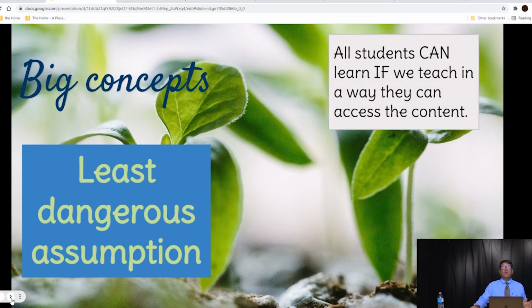So all students can learn if we teach in a way that they can access the content. So the thinking here is that we can give access to the content if we can effectively teach, if we can provide those bridges, if we can close those gaps, if we can provide communication services, if we can do all those things for students, then in fact we're going to need a very small percentage of students to be on alternate assessment.